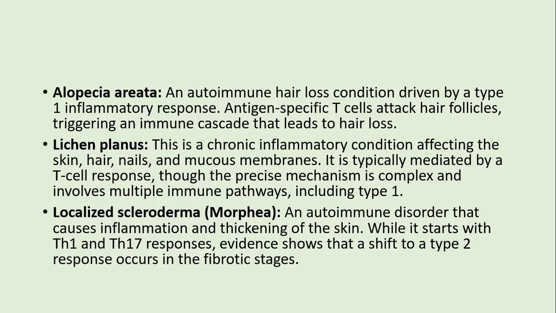Localized scleroderma or morphea is an autoimmune disorder that causes inflammation and thickening of localized areas of the skin. While it starts with a type 1, Th1 and Th17 response, the evidence shows that later on it shifts to a type 2 response once the fibrotic stage sets in. So it is actually touching both the limbs of immunity.